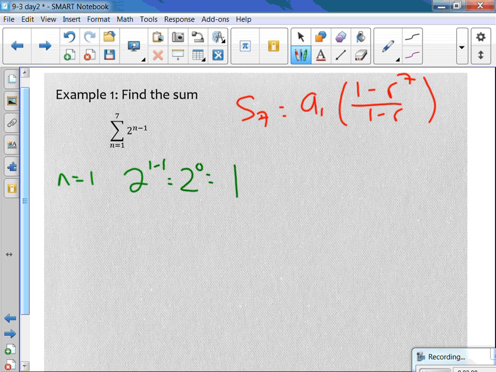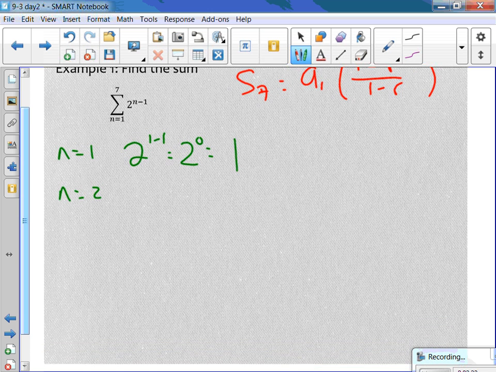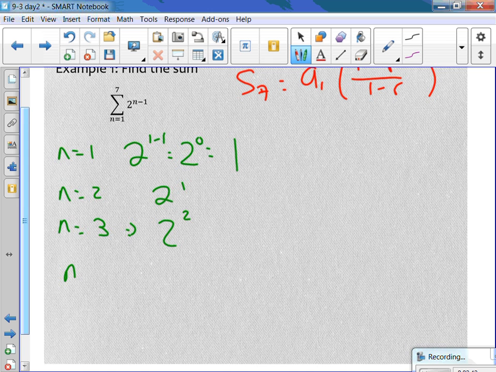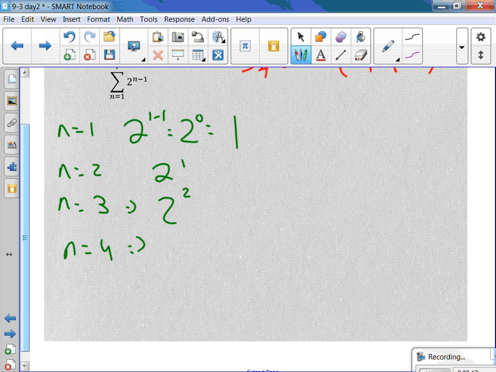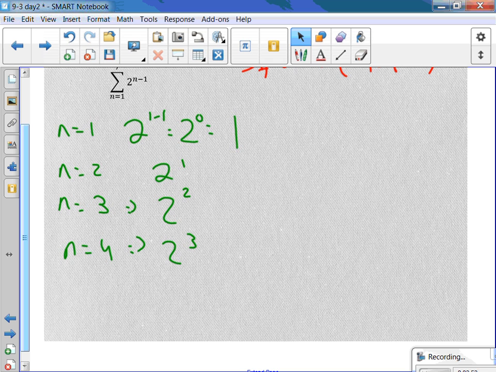When n equals 2, and so on, going from 2 to the 0, to the first, to the second, to the third, at each time what am I doing? Multiplying by 2. So I know that is my common ratio.